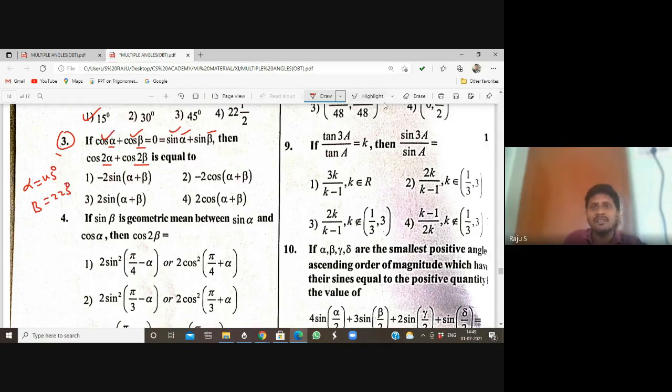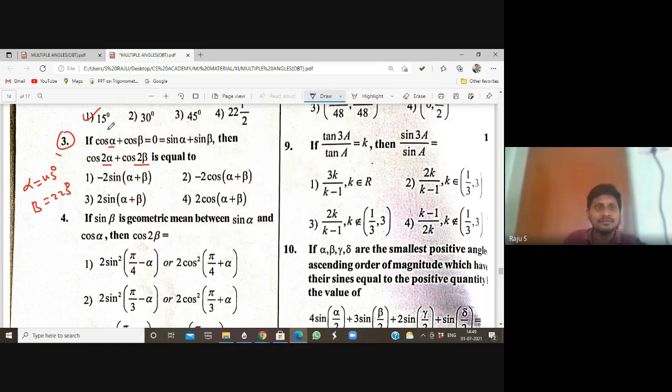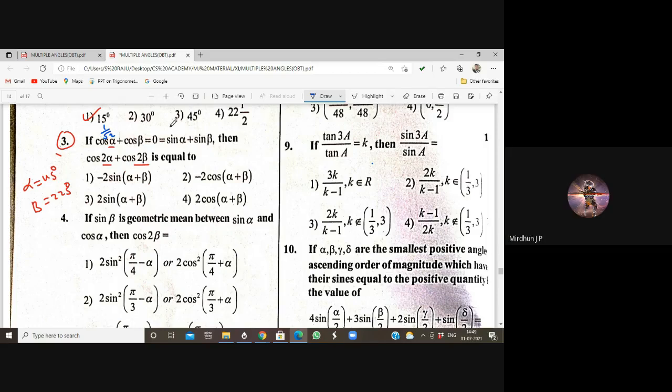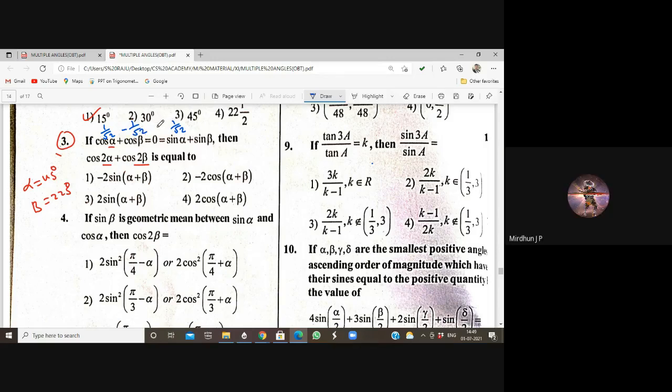Cos 45 is how much? 1/√2. Sin 45 is the same, 1/√2. Then cos 225 is minus 1/√2, and sin 225 also minus 1/√2.